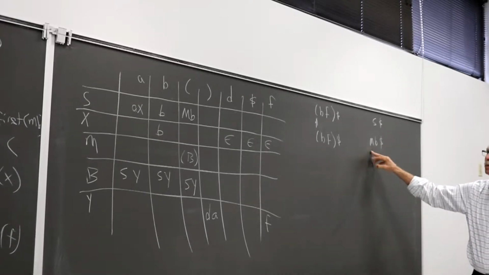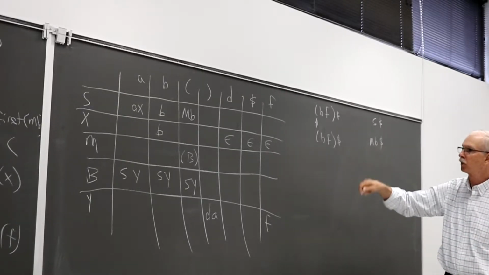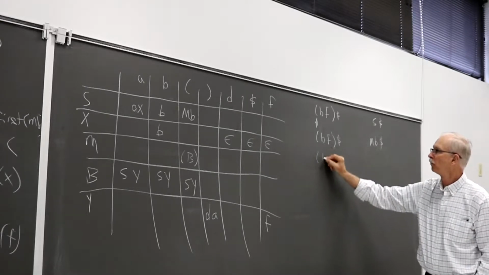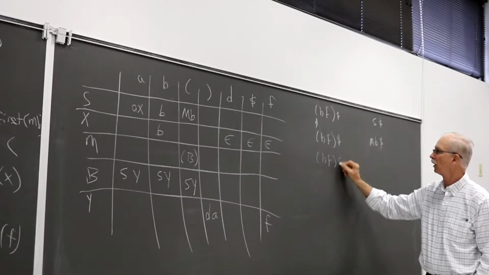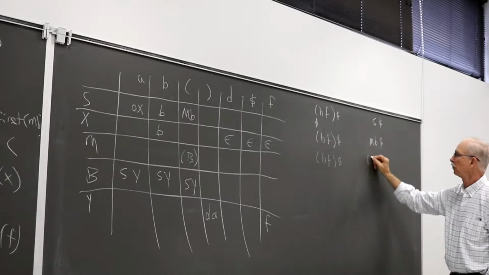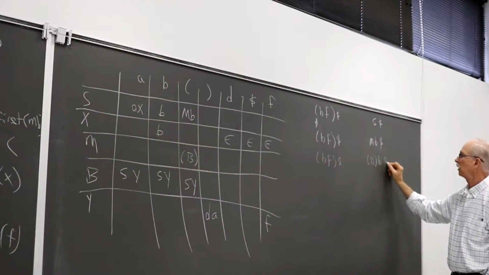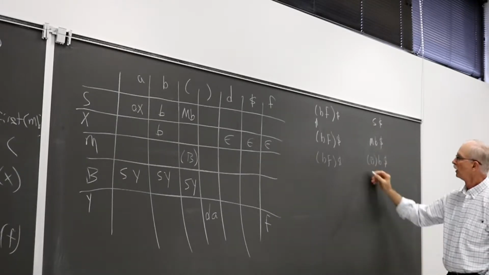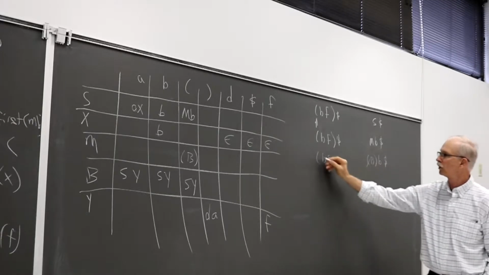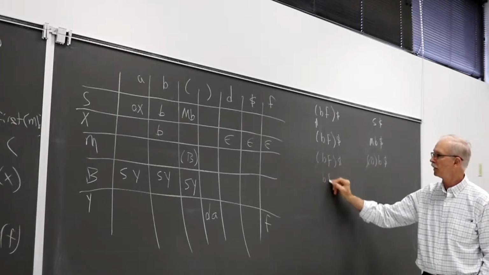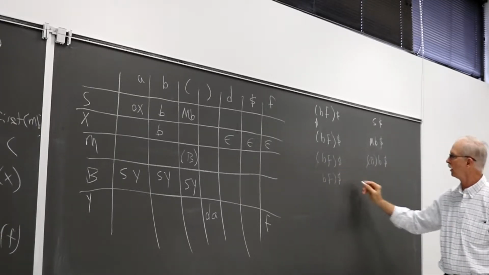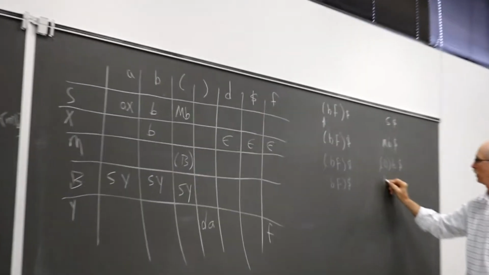All right, so M left paren says put on paren B F paren dollar, paren B dollar. I pop the M, so then the tokens match. I've got B F paren dollar, and I've got B paren B dollar.